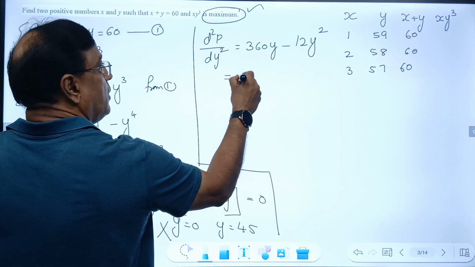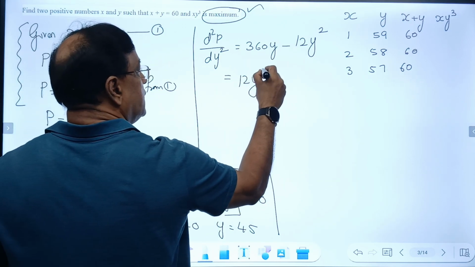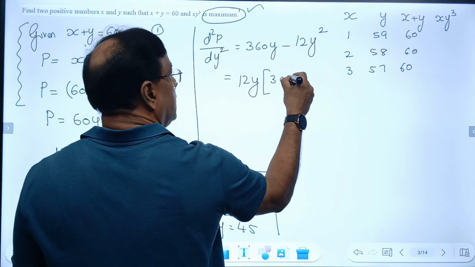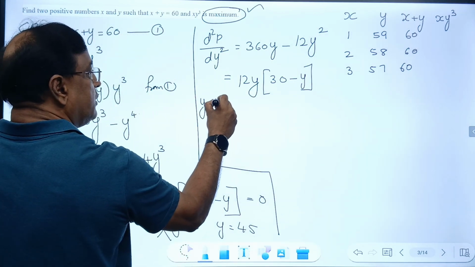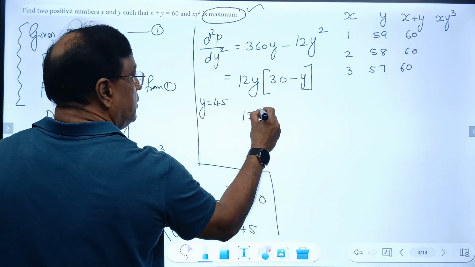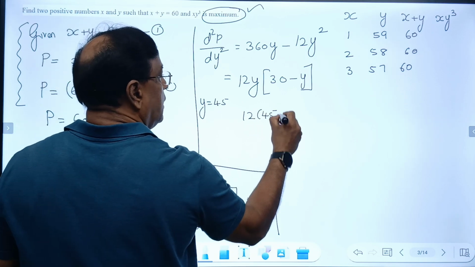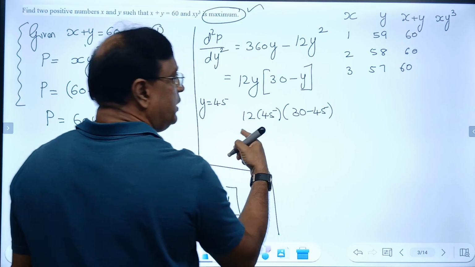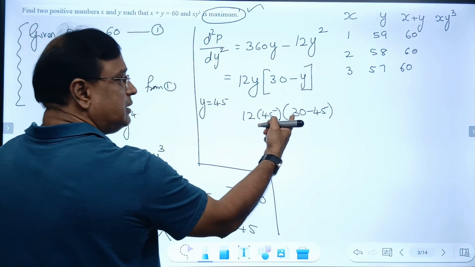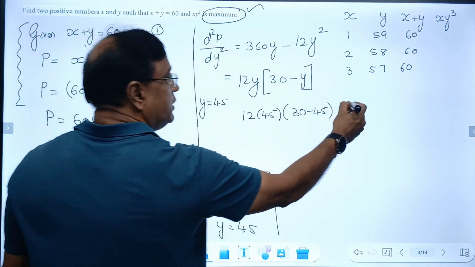Now you can take 12 outside, you can take y outside, you get 30 minus y. Now you substitute the critical point. So it is 12 into 45 and 30 minus 45. There is no need to calculate. You can see clearly 30 minus 45 is negative, so the whole thing is negative.